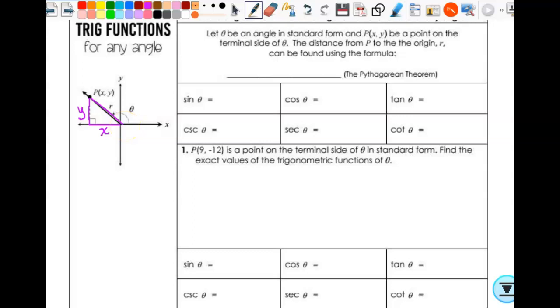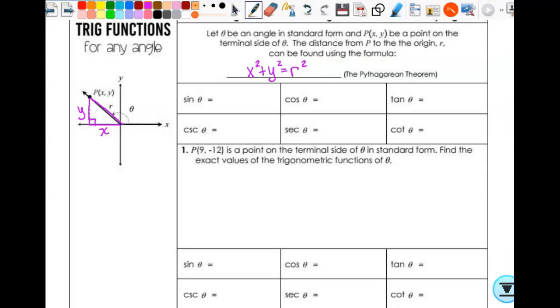But if I wanted to find r, and I have x and y, this is a right triangle, so it's just a simple Pythagorean theorem, which would be x squared plus y squared equals r squared, which will totally work on the unit circle as well. You'd get 1 for r.